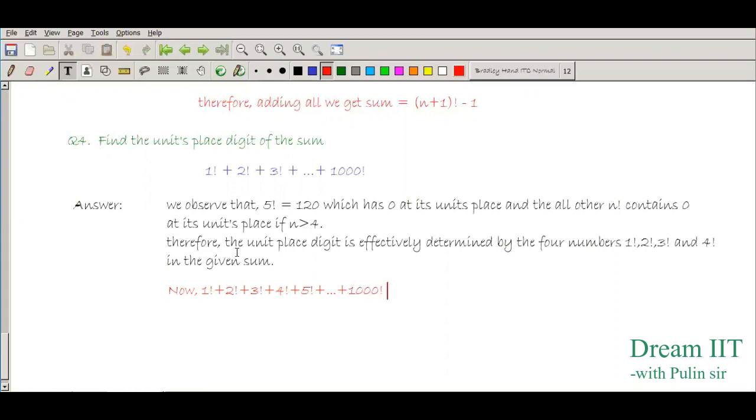This equals, you can write, 1 factorial is 1, 2 factorial is 2, 3 factorial is 6, then 4 factorial is 24, plus.